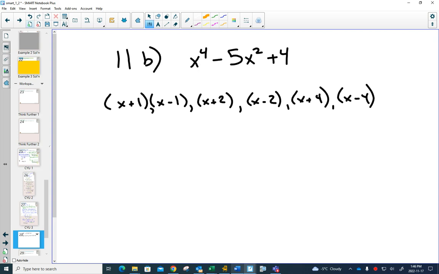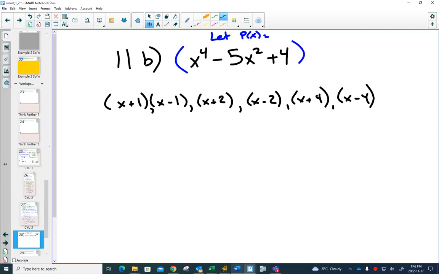There's 6 of them that could work. Okay? Just like before, let P of x equal all of this. The 1s are the easiest ones to check. In fact, you probably can see some mental math really easily. If you plug in 1, will it equal 0?